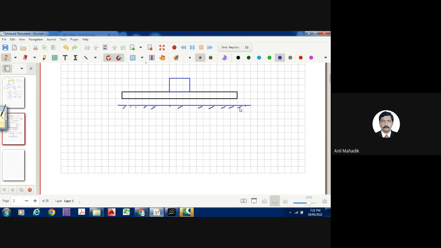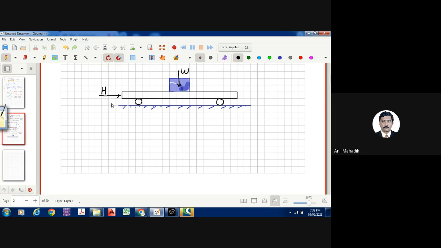This is the ground, and we have these rollers, and this has a weight, which is W. And let's say we have one horizontal load here, which is H.